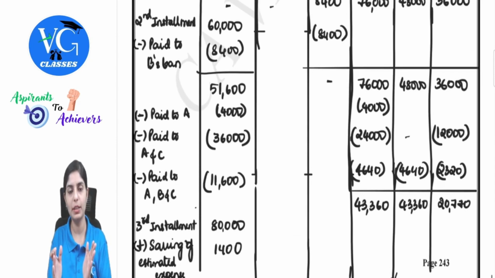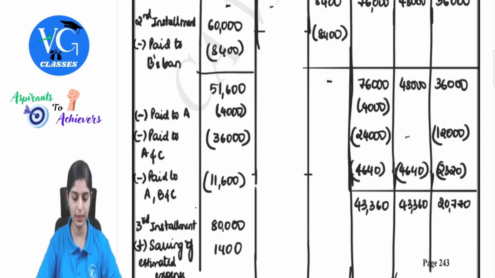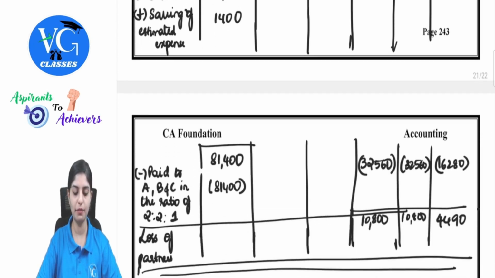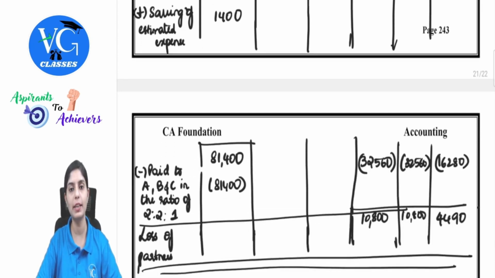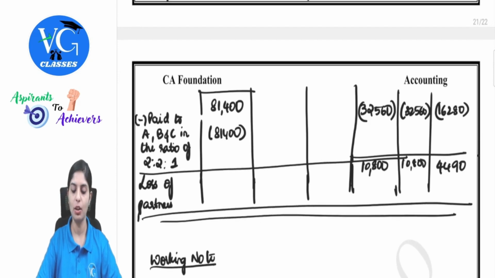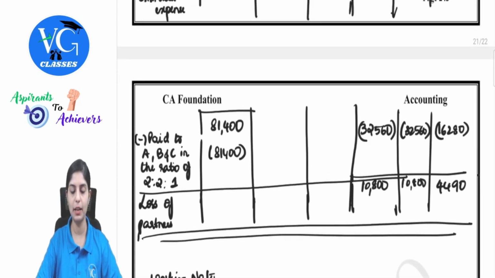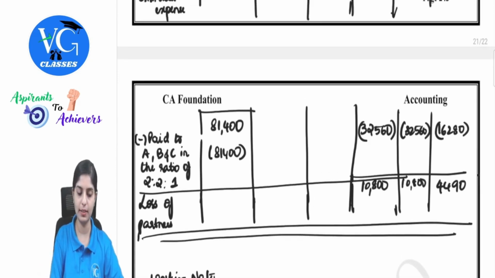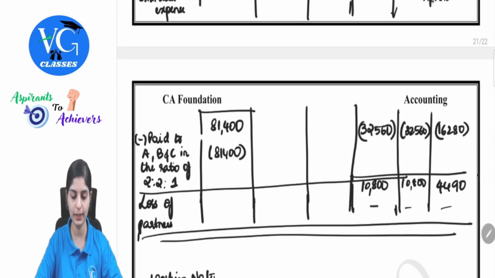After distributing second installment, your capital balances would have arrived on proportionate basis. So therefore, at the last, we apportion this in their profit sharing ratio 2 is to 2 is to 1, because beyond 40,000, that's what we had decided on. So after providing, each partner has the relevant loss, that is 10,800 for A, 10,800 for B and 4,490 for C.